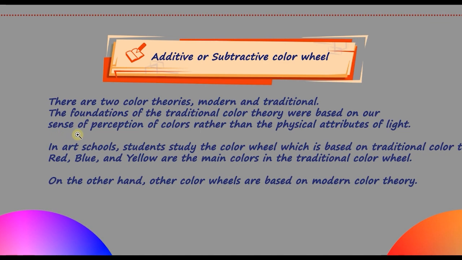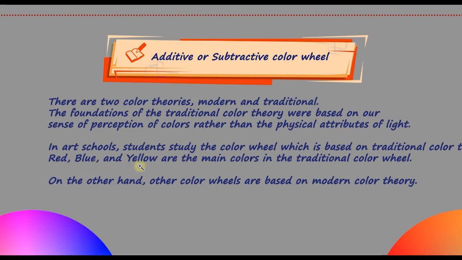Later we will speak about the sense of perception when we talk about warm and cool colors. But for now, just remember that traditional color theory is heavily based on how we perceive light and color. In art schools, students study the color wheel, which is based on traditional color theory.